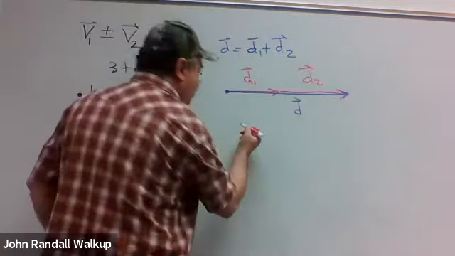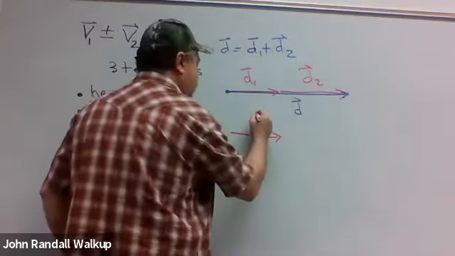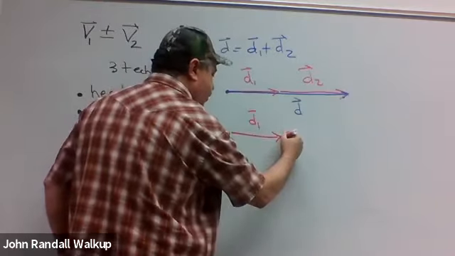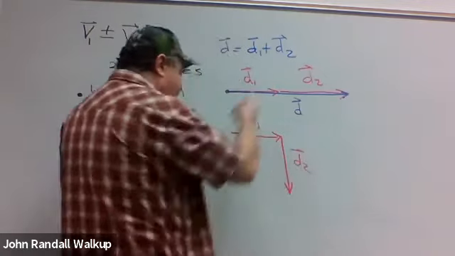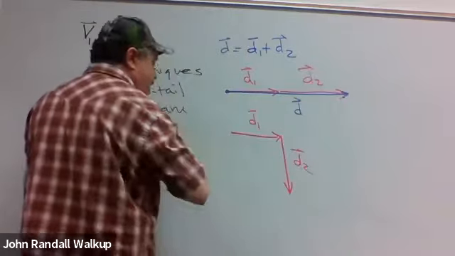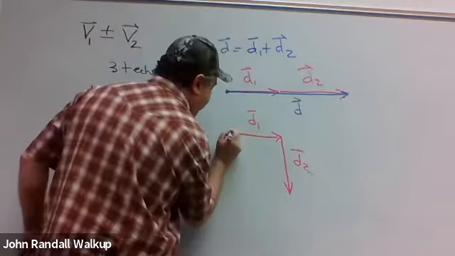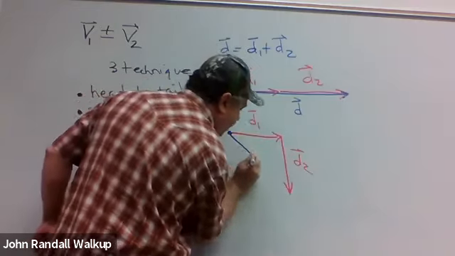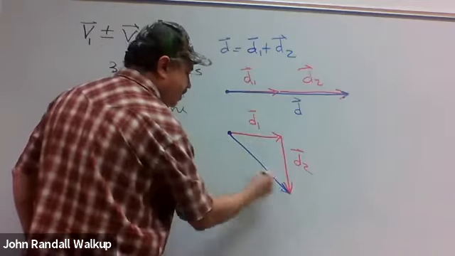We looked at it last time. We had D1 like this. And then the person went down, D2. And the same rule was the same here. The vector, the net vector, when you add these two together, went from here, from the start to the tip, the finish. This is D.